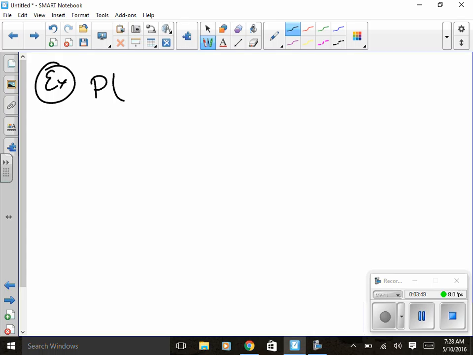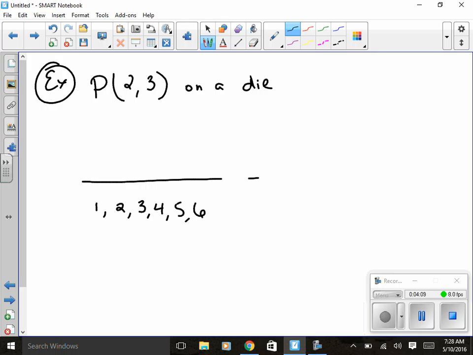So for instance, I want the probability of rolling a 2 or a 3 on a die. Well, my options are 1, 2, 3, 4, 5, 6. So I have 6 total ways.